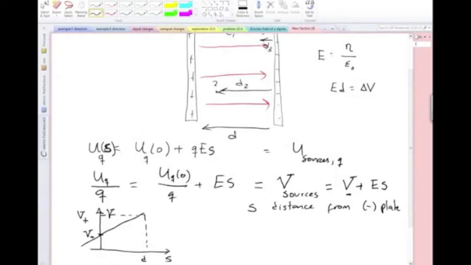So the difference between the potential on the positive plate and the negative plate is equal to E times D. The potential on the positive plate is always going to be higher than the potential on the negative plate by the amount E times D, where D is the distance between the two plates of the capacitor. The slope of this plot, as you can see from the equation, is equal to the magnitude of the electric field.